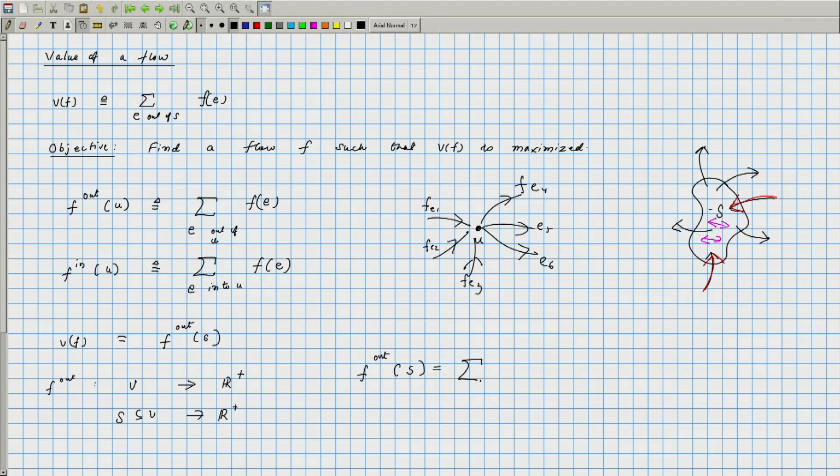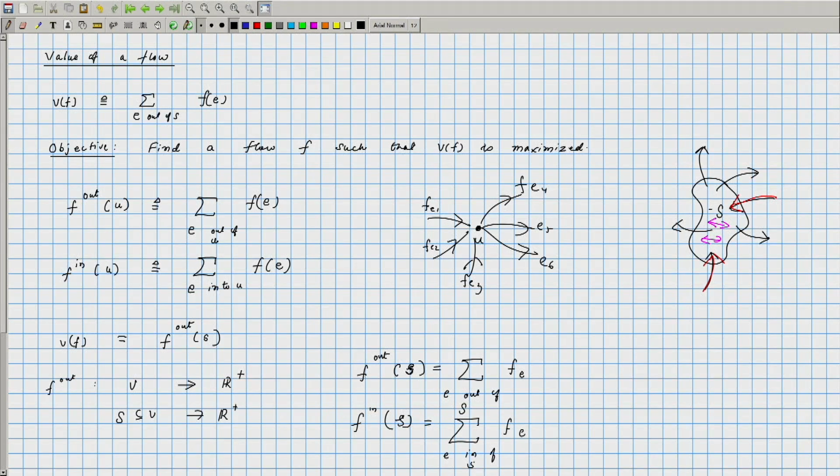So, this is summation over e out of S. That is summed over all the edges that are outgoing edges with respect to S, their flow, f e, that will be f out of S, and similarly you can have f in of S, which will be equal to summation over e into S of f e. So this S is the capital S, and not to be confused with the source vertex.